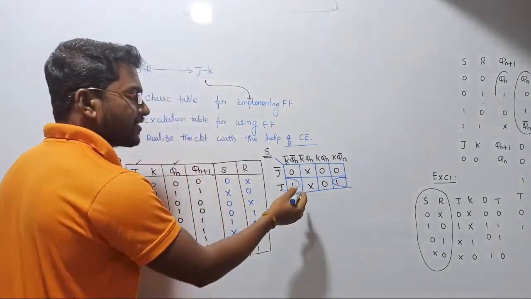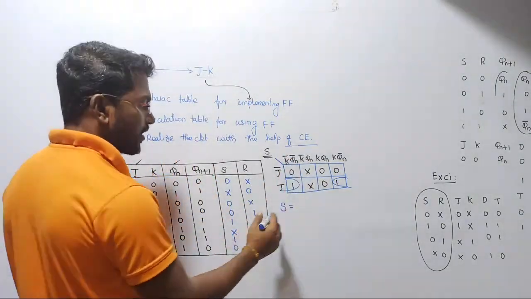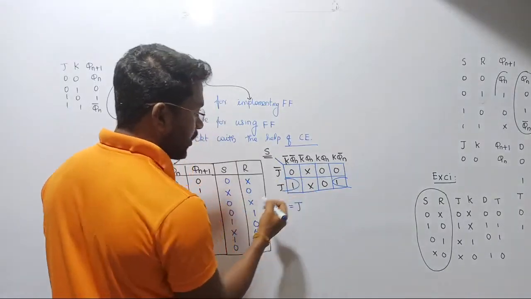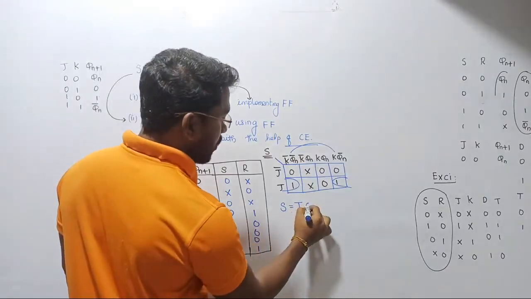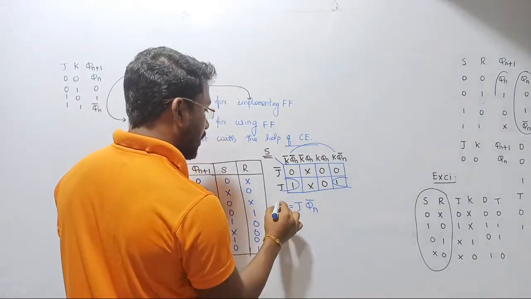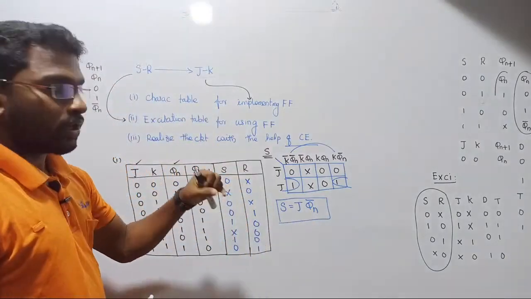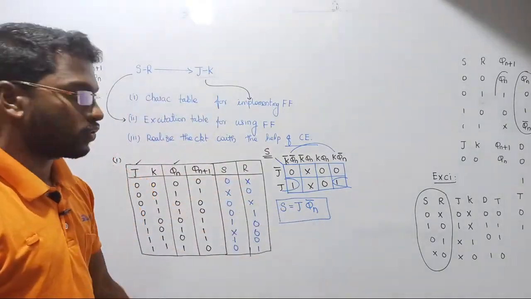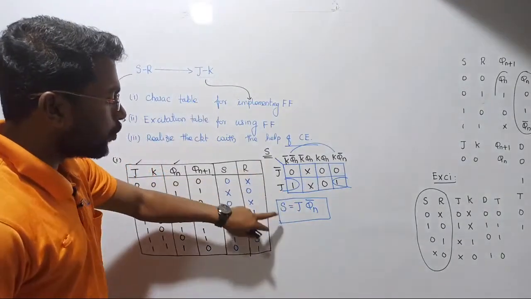Unnecessarily we need not use the don't care here, it is not required for us. So the output is going to be J, this is J, and the common term between these two is going to be Qn bar. Clear? So for S flip-flop we have to consider J as the input, and we have to consider Qn bar also with this. So this is the input of S.